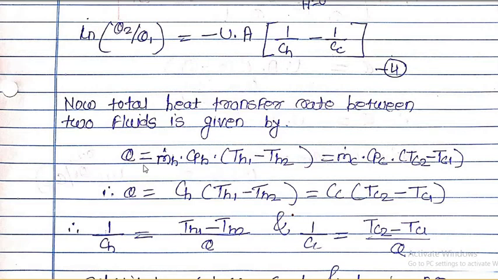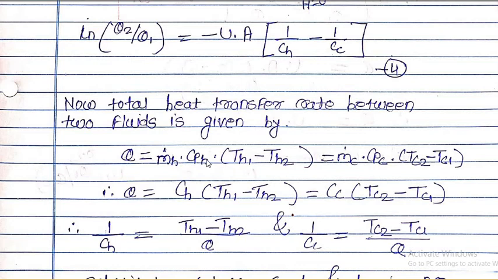The heat lost by the hot fluid is written as Q is equal to m dot h multiplied by Cph multiplied by (Th1 minus Th2), where Th1 is the inlet temperature of the hot fluid and Th2 is the outlet temperature of the hot fluid. m dot h is the mass flow rate of the hot fluid and Cph is the specific heat of the hot fluid.